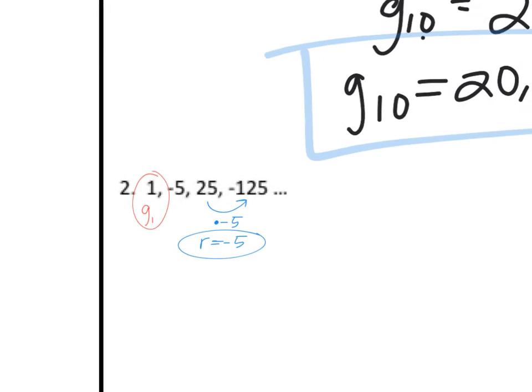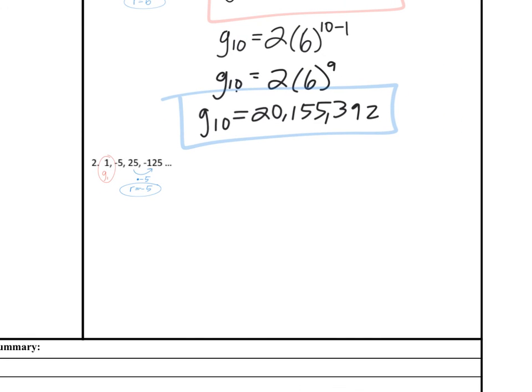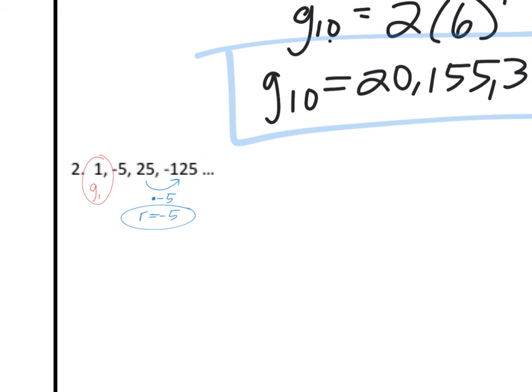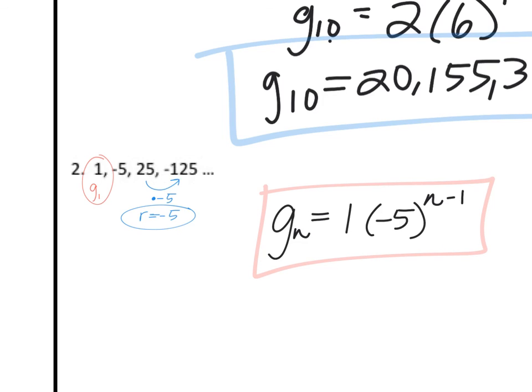To write your equation, literally just follow what's in the box. G with little n is equal to the first term, 1, times -5 raised to the n minus 1. That's your equation. You have to have that part.